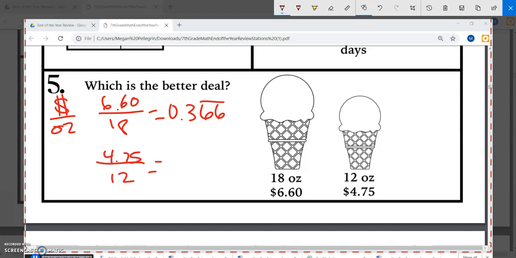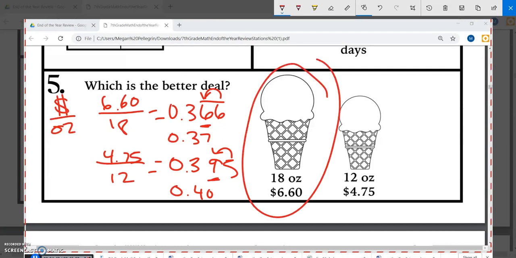So $4.75 divided by 12 equals 0.395. It is money, so we are only rounding to the hundredths place. So that would round up. So this one would be 37 cents, and this one would be 40 cents. So which one is the better deal? The 18 ounce.